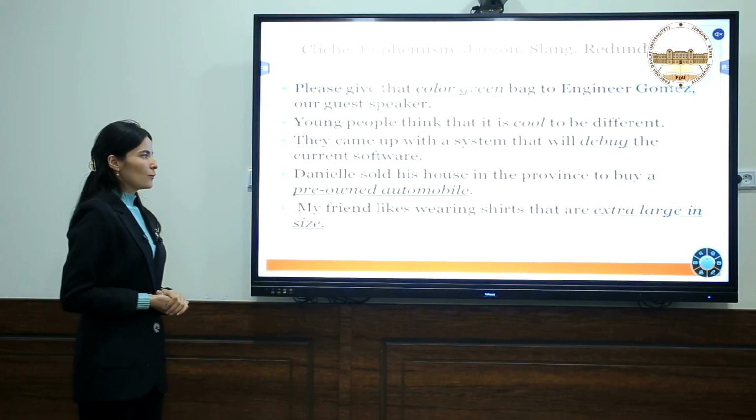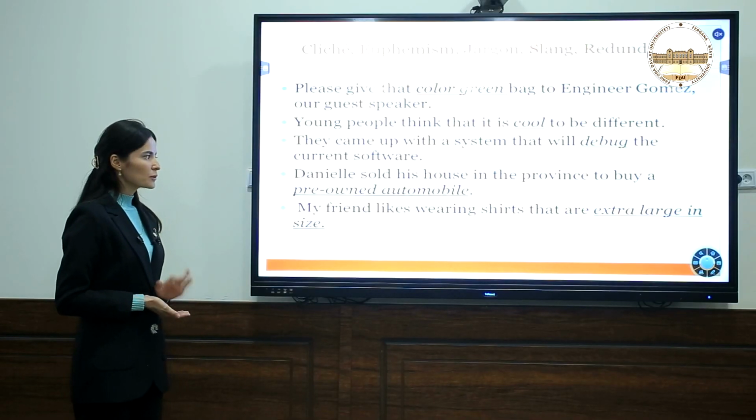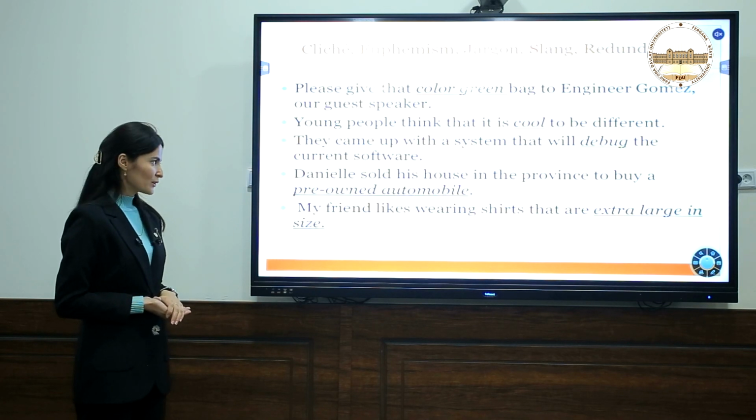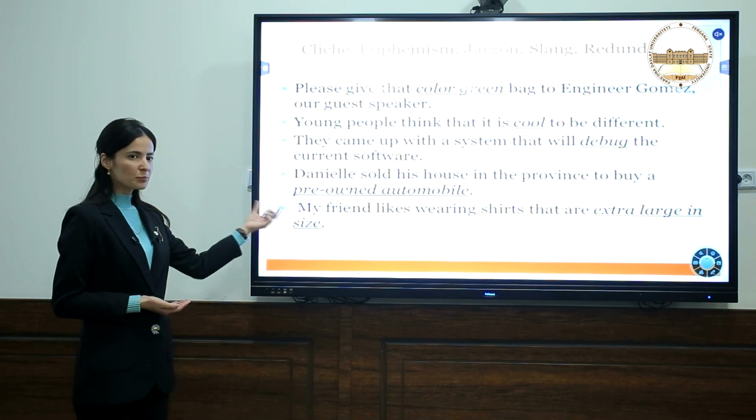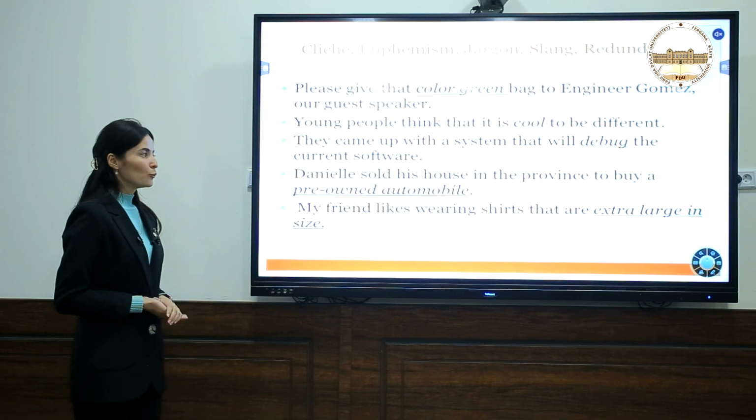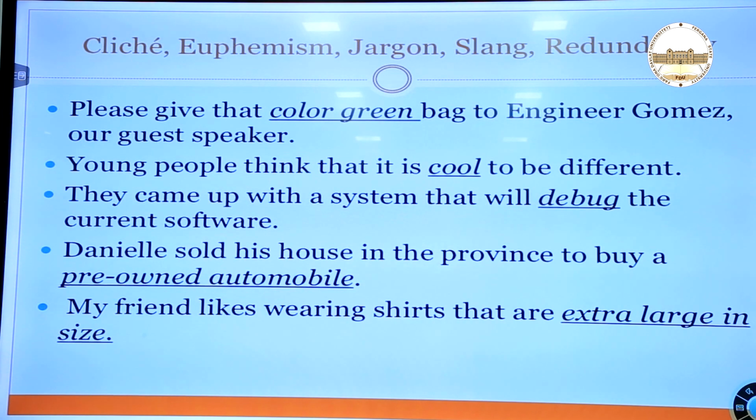"Daniel sold his house in the province to buy a pre-owned automobile." Here you can see the underlined phrase "pre-owned automobile." This is a beautiful way of expressing the idea. Instead of saying pre-owned automobile, what if we say old car, old automobile? Here, of course, the euphemism comes out.